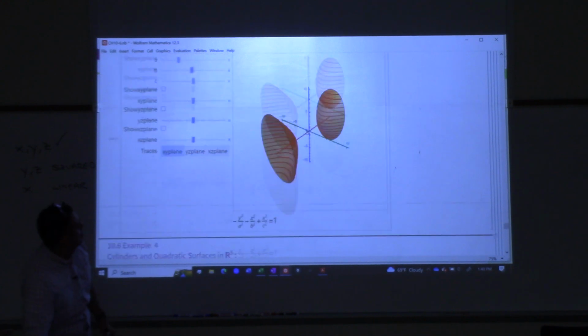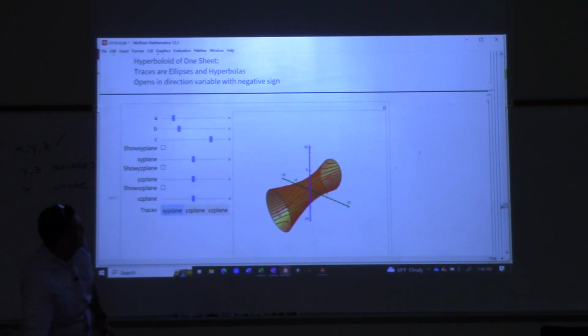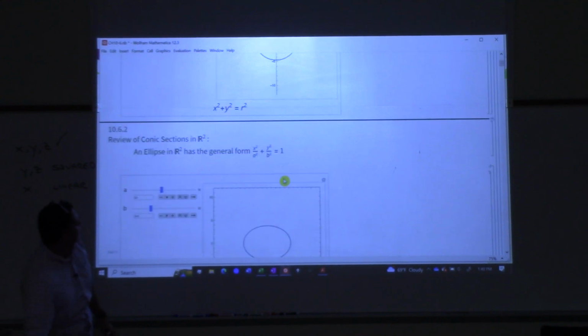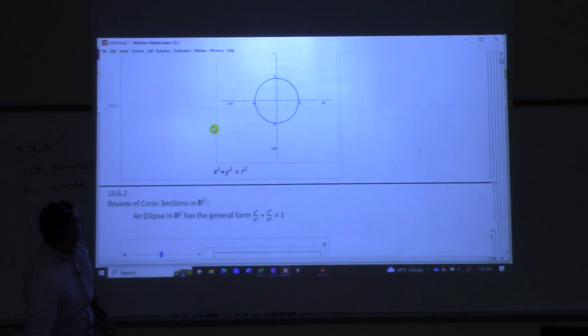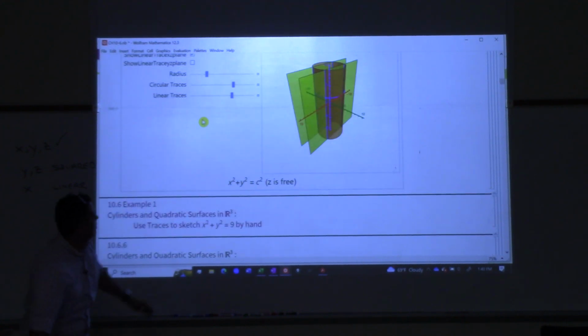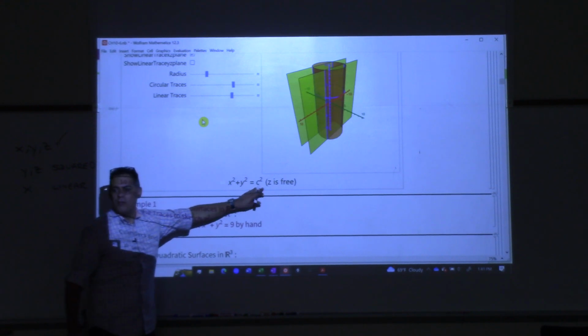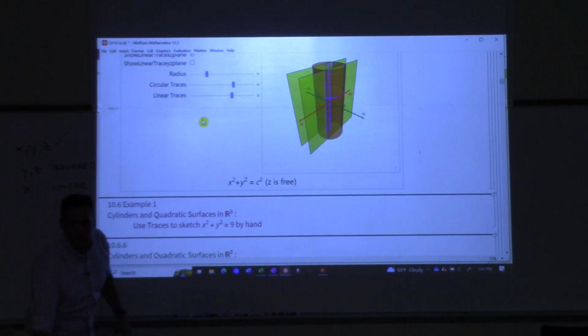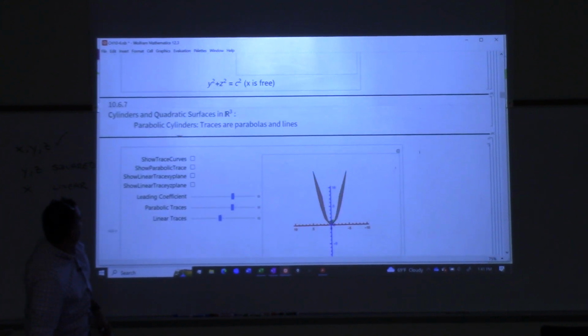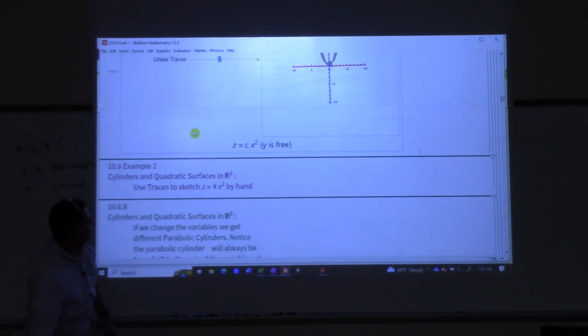All right, I'm going to scroll all the way up to the top of this. Can it be our first one, a cylinder? No, because all 3 variables are in it, so it can't be a cylinder. Can it be a parabolic cylinder?